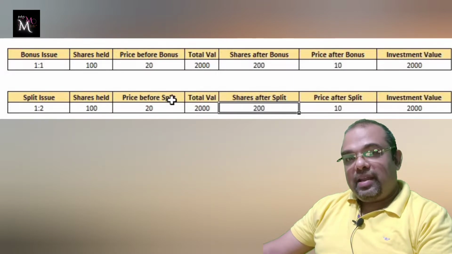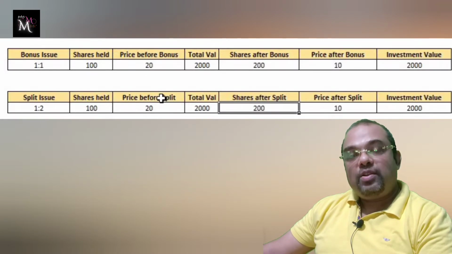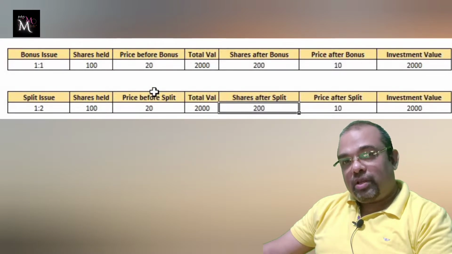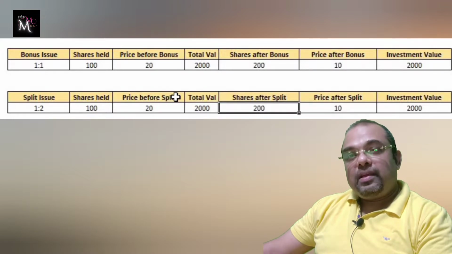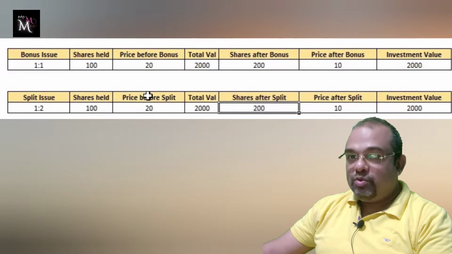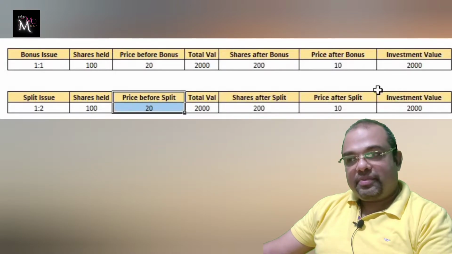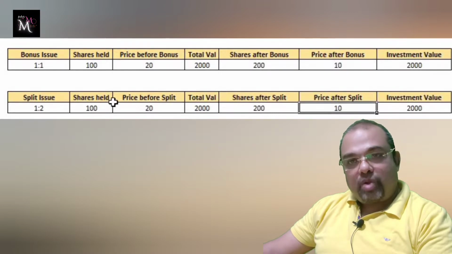But as I said, in a split, the face value also comes down in the same proportion. So in a 1:2 split, if the number of shares is broken down to give two different shares, the price also gets halved. So the price becomes 10 where it was 20 earlier.